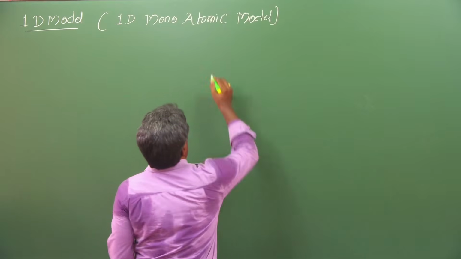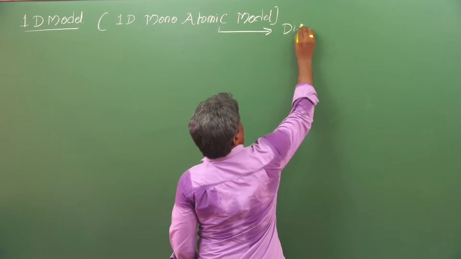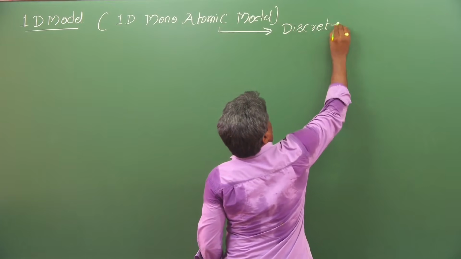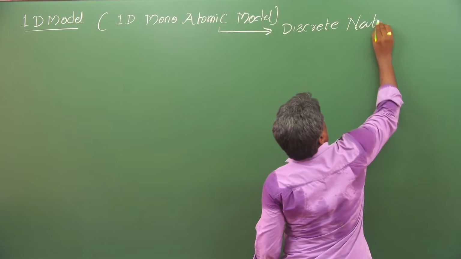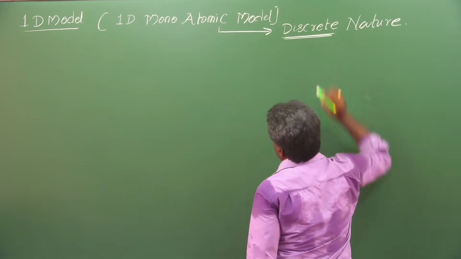This model is also called discrete nature. Don't forget this word. This plays a very important role here.